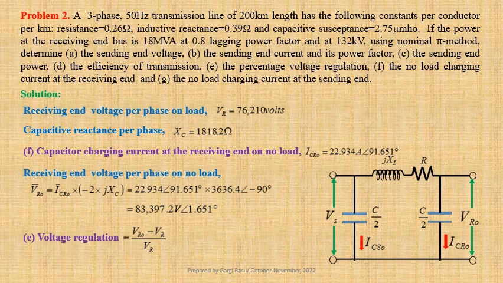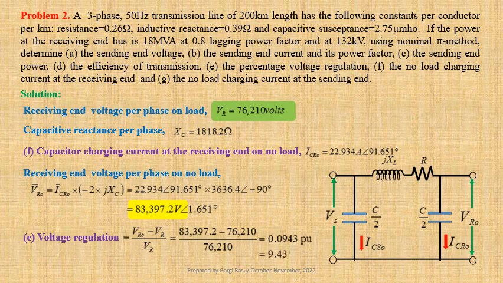Therefore, voltage regulation equals to 83,397.2 minus 76,210 divided by 76,210. That gives us 0.0943 per unit or 9.43%.